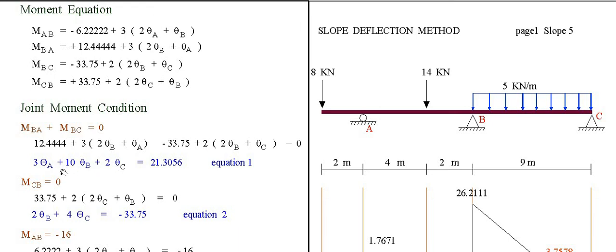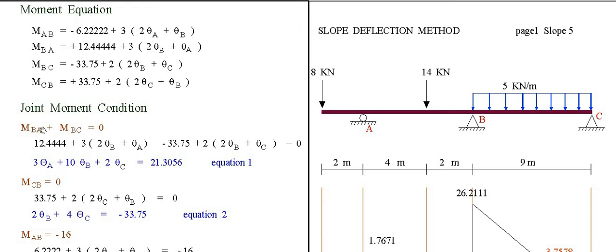Since we have three unknowns, theta A, theta B, and theta C. The inclination at A, we don't know positive or negative, but there is truly inclination at A, then there is also inclination of the beam at B, then at C. Okay. Theta A is not 0, theta B and theta C is not 0.